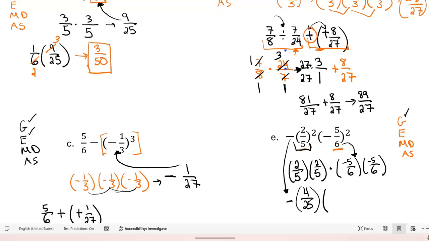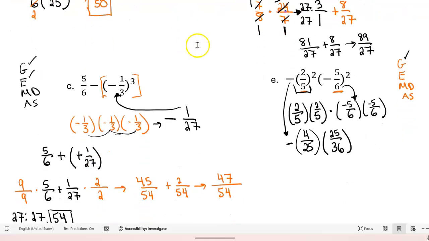Negative times negative is a positive, so I have 25/36. I didn't have any addition or subtraction signs. I had negatives, right? But that means that everything is multiplication. Okay, so I'm going to clean this up a little bit, and I'm going to go ahead and apply my negative.